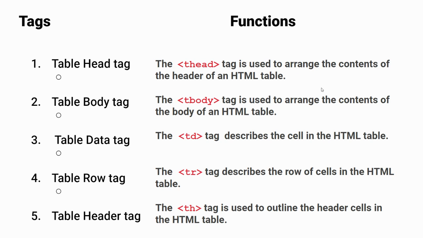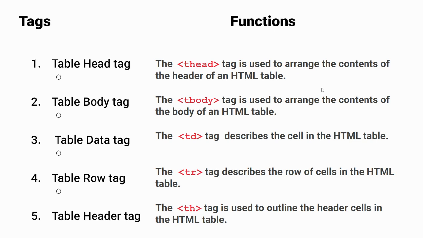So rows are basically something that goes vertically. So all the cells arranged within a table that are vertical, that's what the table row tag holds. So if you are to arrange tags vertically on the table, you will need to use the table row tag.